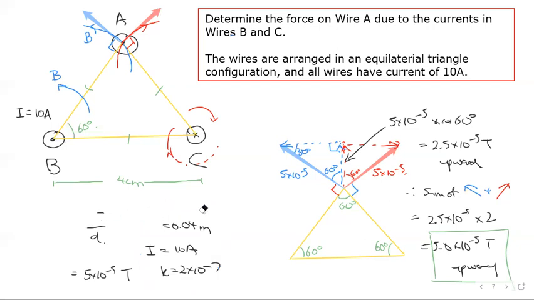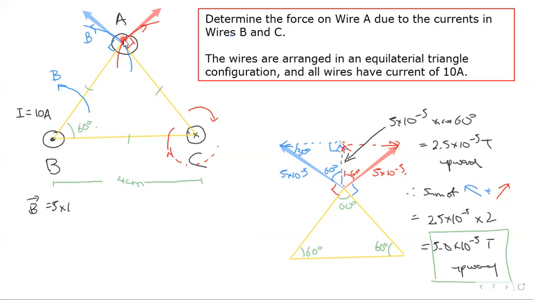Because at this point in time, I will simply use the appropriate formula. So as from A's perspective, we know the magnetic field strength is 5 times 10 to the negative 5 Tesla. It's carrying a current of 10 amps.